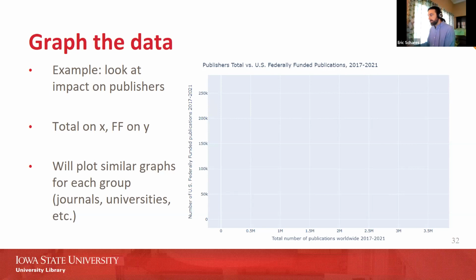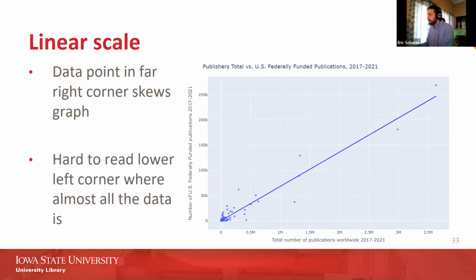And so we're going to put 500 dots on this graph, and each dot is going to represent a publisher. If we go to the next slide, oops, I lost my control. We go here, and it doesn't look great. It looks pretty bad, actually.